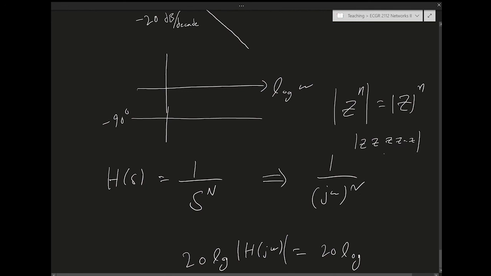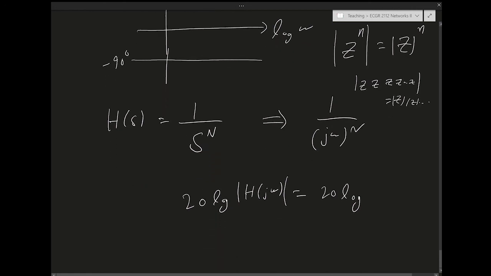And we said the magnitude could be distributed over: if you have two complex numbers multiplied by each other, it's a basic property that the magnitude of the whole thing is equal to the product of the magnitudes of the separate entities in the product. So this is equal to magnitude z times magnitude z, n times. So this is equal to 1 over the magnitude of j omega, which is omega, to the power n.